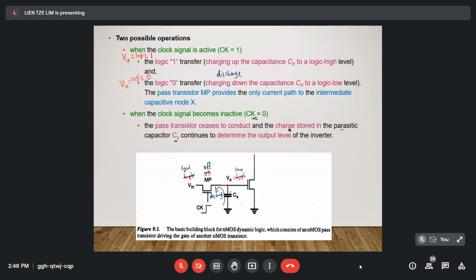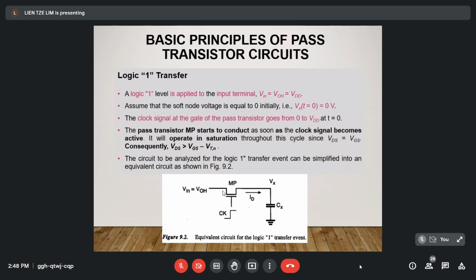So this charge will determine the output level of the inverter. So this is how we should understand the operations of this circuit. This is for you to understand further on logic 1 transfer and logic 0 transfer.